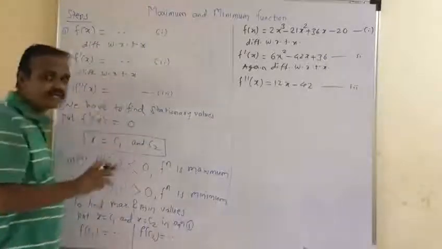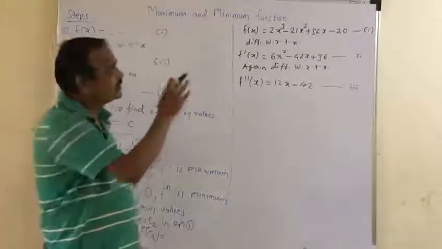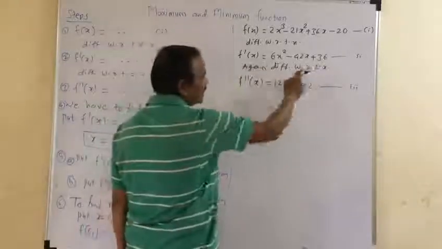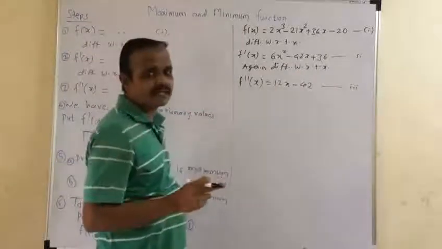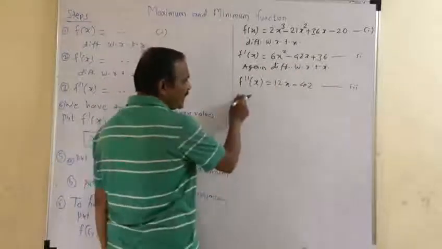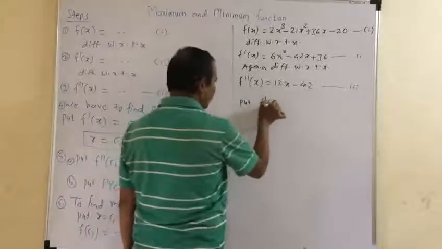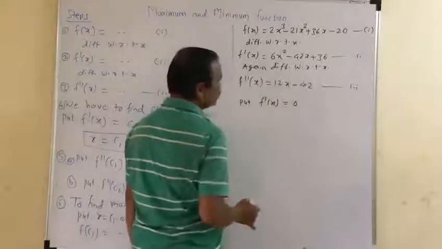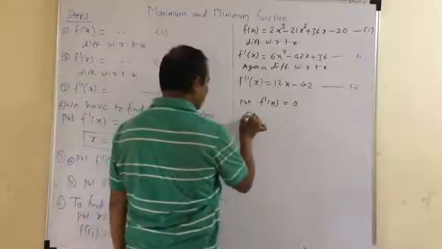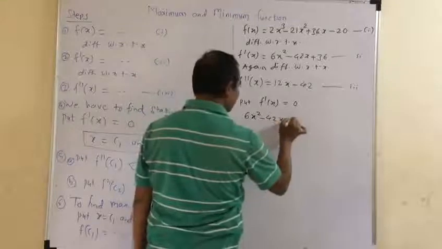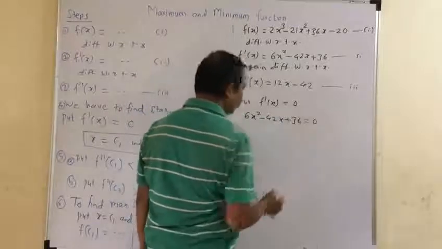Now to find stationary values or roots of the function, we put the first derivative, f dash x, equal to 0 at this step. That means we get 6x square minus 42x plus 36 is equal to 0.